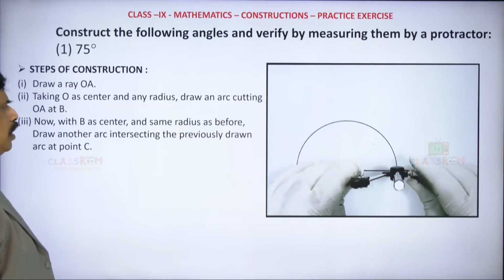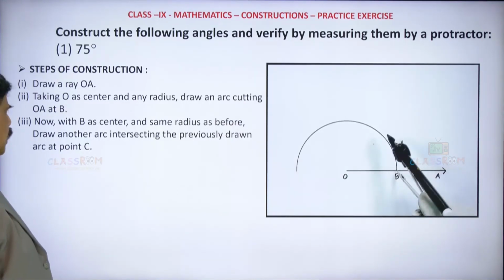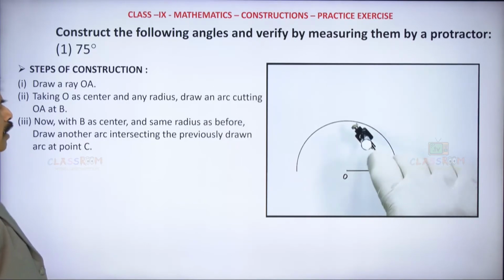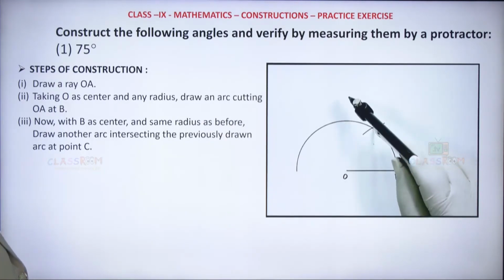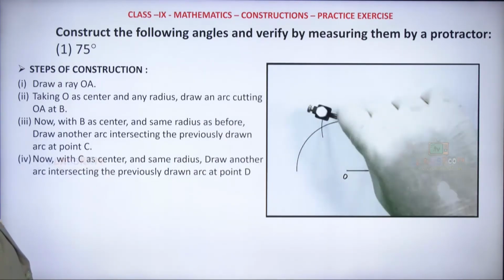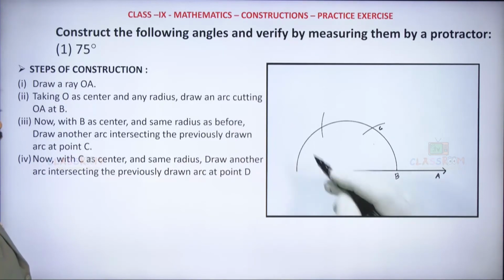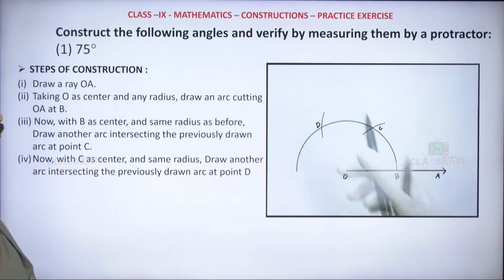Okay, so without changing the radius, place it at B, draw one more arc which cuts at C now. Okay, now C as center and draw another arc which cuts at D. Clear?